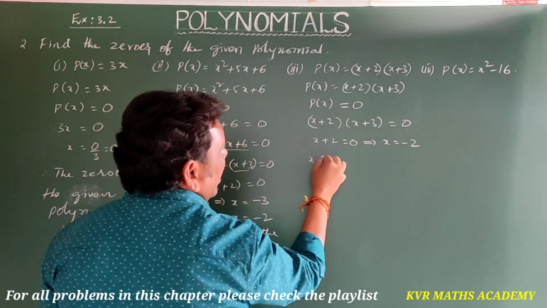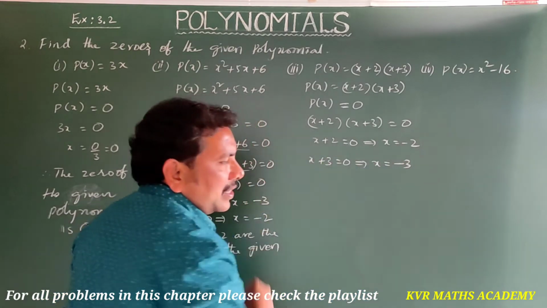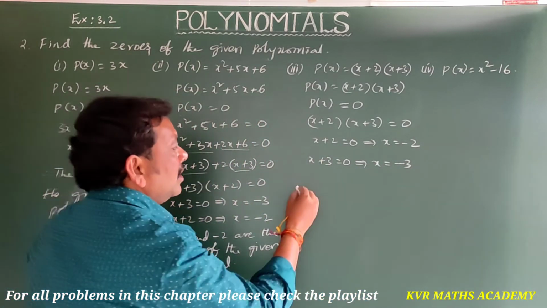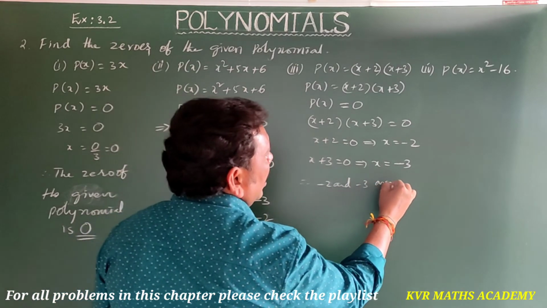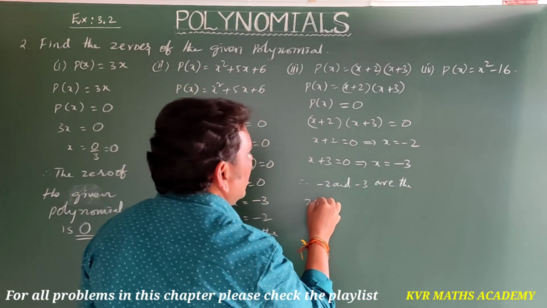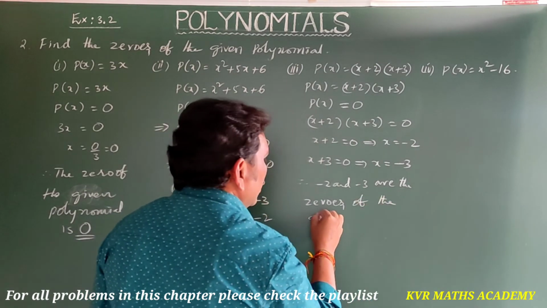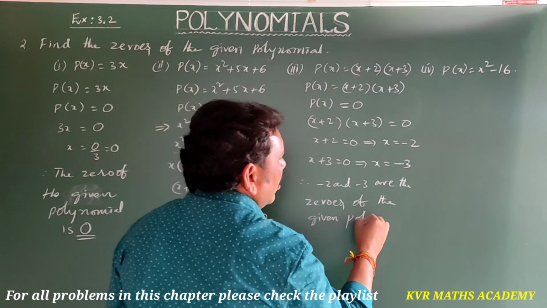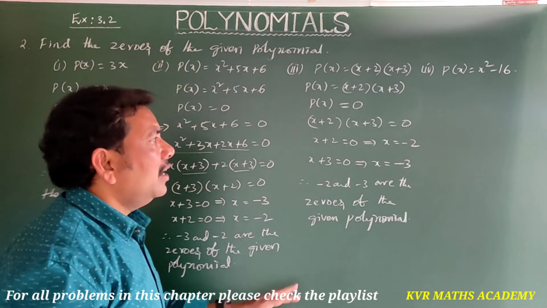In the same way, x plus 3 is equal to 0, that implies x is equal to minus 3. Therefore, minus 2 and minus 3 are the zeros of the given polynomial.